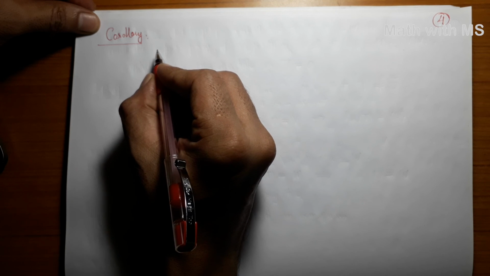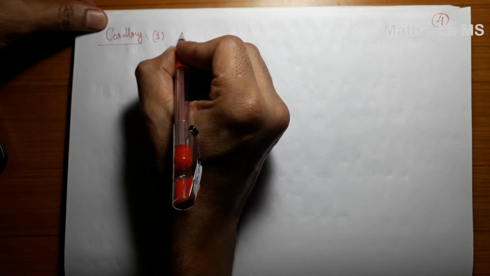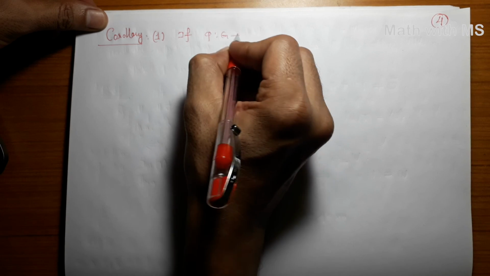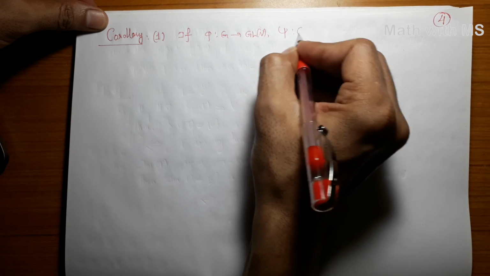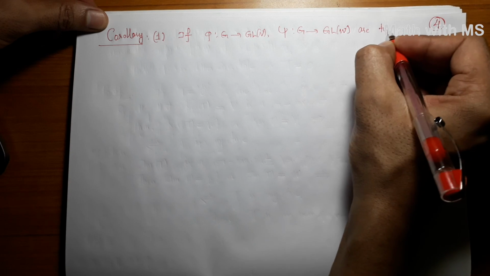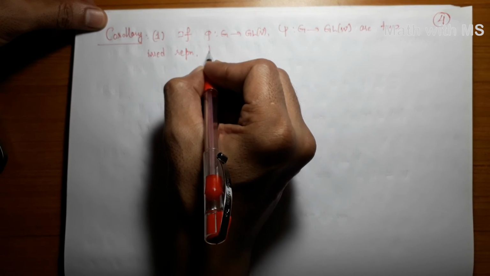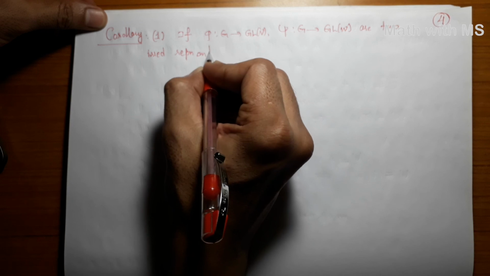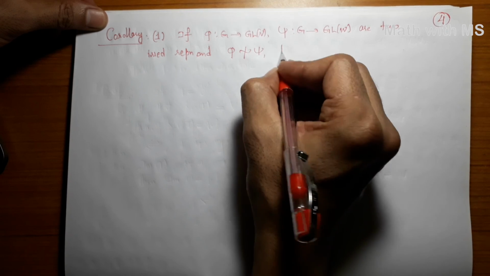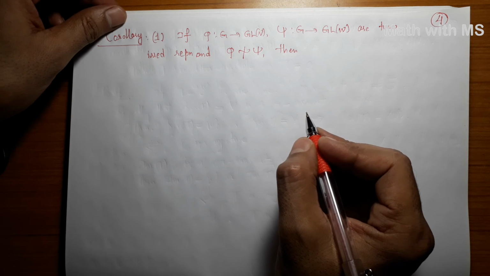One can write some interesting consequences of Schur's lemma. So corollary number 1: if phi from G to GL(V) and psi from G to GL(W) are two irreducible representations, and phi is not equivalent to psi, then what can you say about the space of morphisms from V to W?